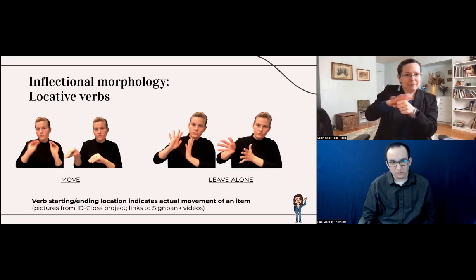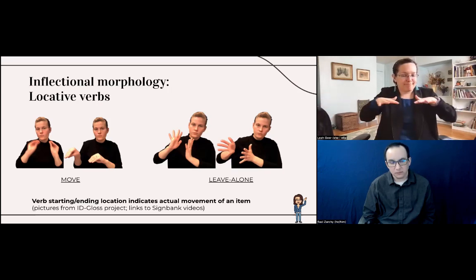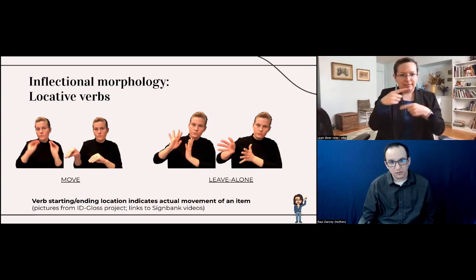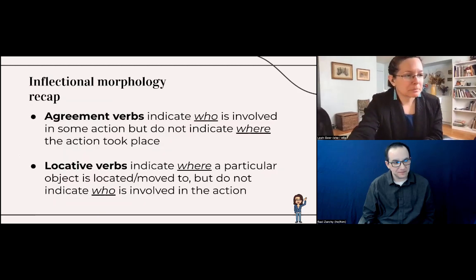And also the sign to leave alone, for example. This verb is going to reflect where. Who is it that is leaving whom alone? Is it in the same room? Is it in this referential space that we have created in our signed utterance? Or is it something that is beyond our proximal referent point that we can both share?